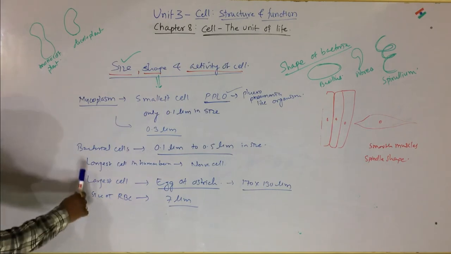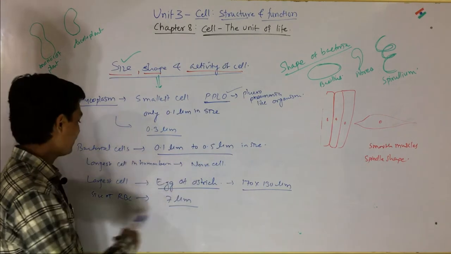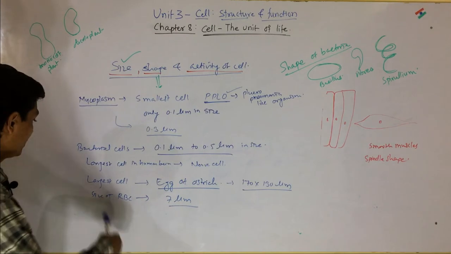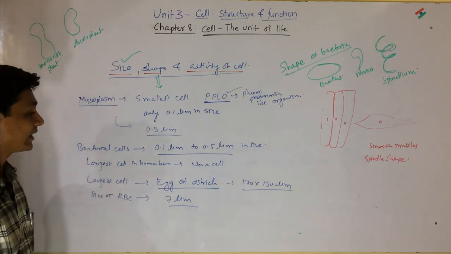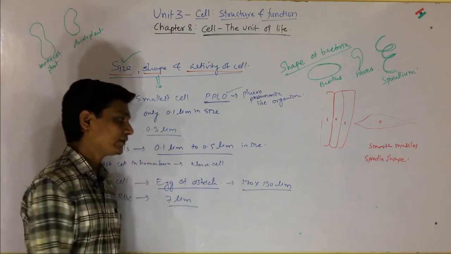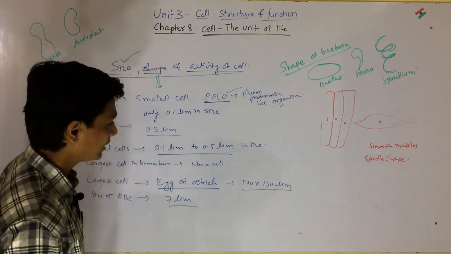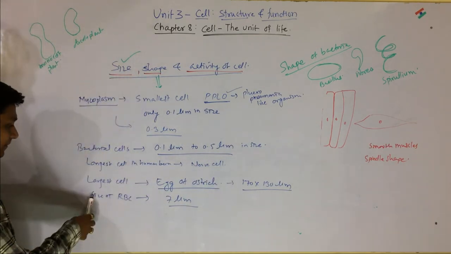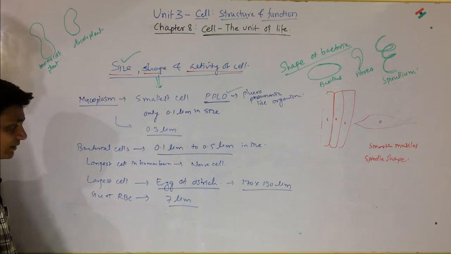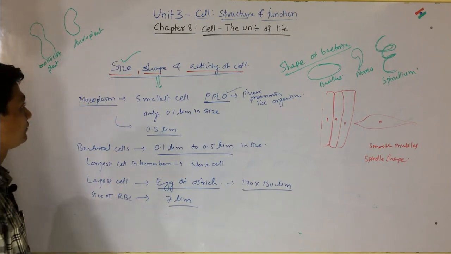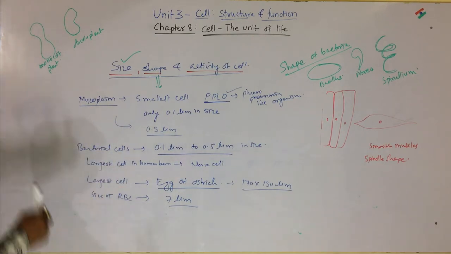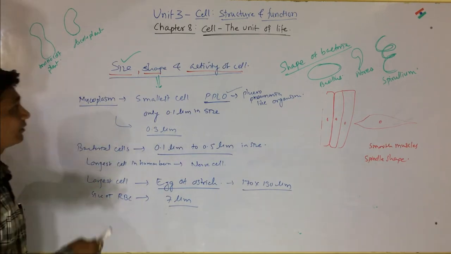The longest cell in human beings is the nerve cell, which is a few meters in length. The largest isolated known cell is the egg of the ostrich, 170 by 130 micrometers. The size of RBC is 7 micrometers. This is all about the size and shape of cells.